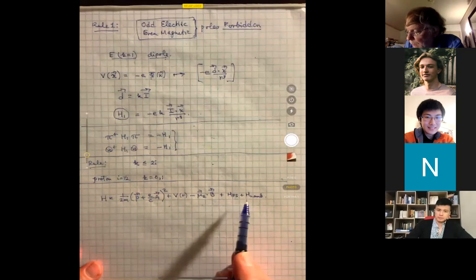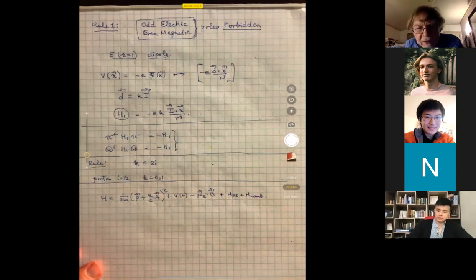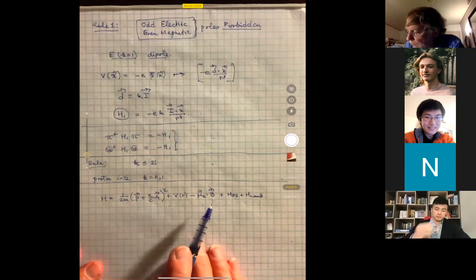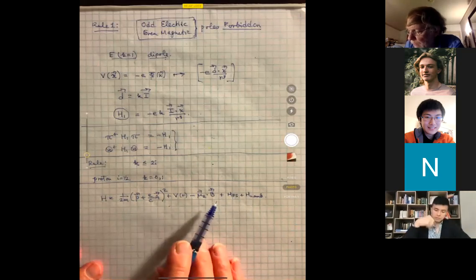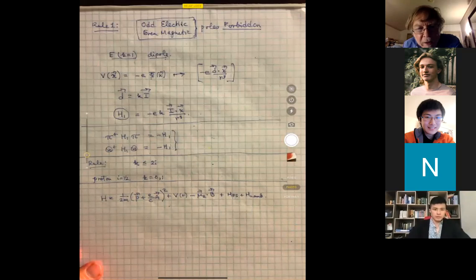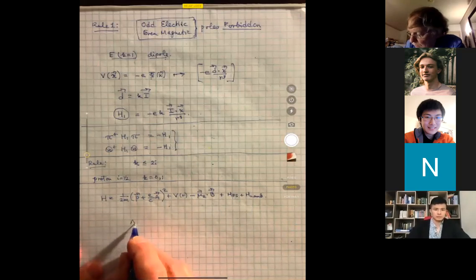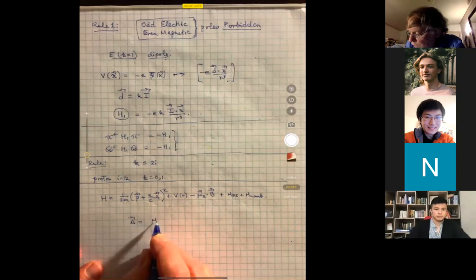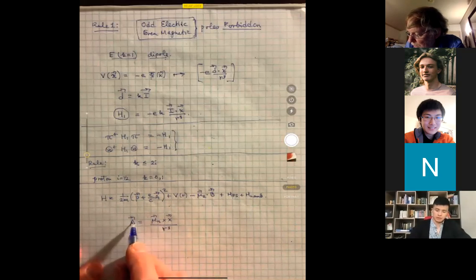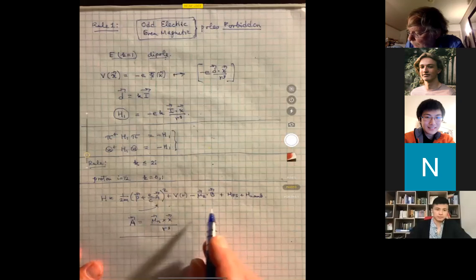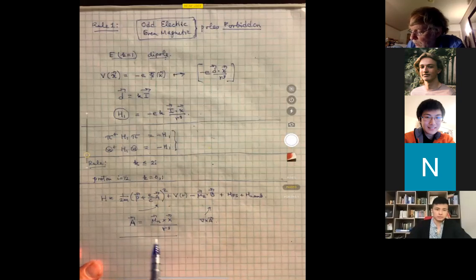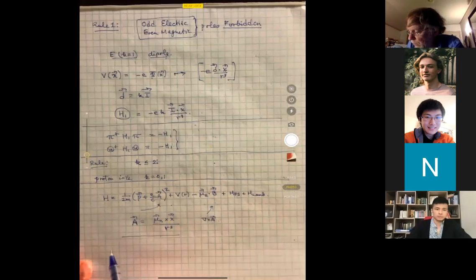This could be the Hamiltonian for the Zeeman effect in an external field if A and B were external A and B. But for this problem, they aren't, they're internal. And the A is given by mu, it's really the nuclear mu, crossed with x divided by r cubed, as we have seen. That's the magnetic dipole contribution to the vector potential. So that's the A that's going to go in there, and the B that goes in there is equal to del cross A. It's the curl of this A. So this defines the Hamiltonian that we're going to use.